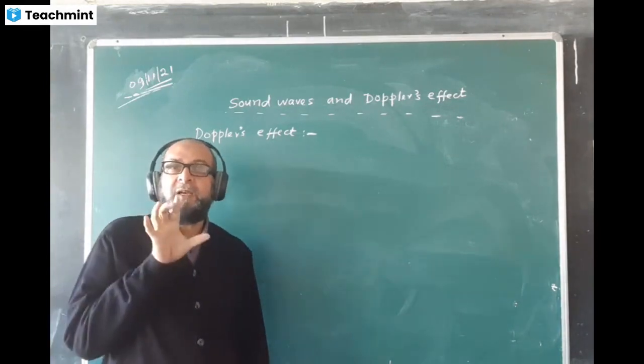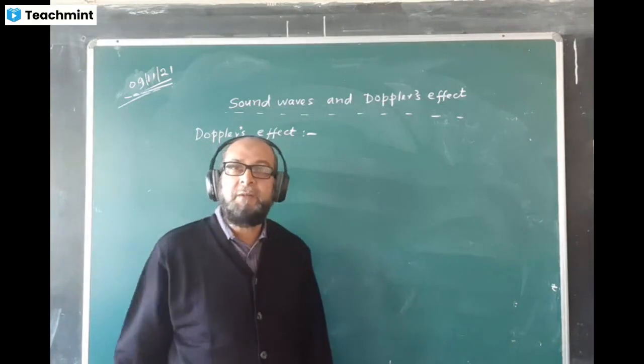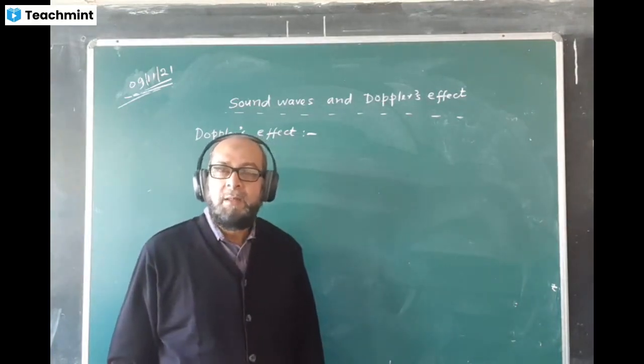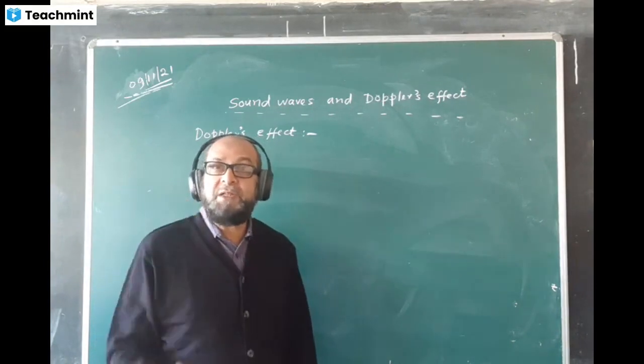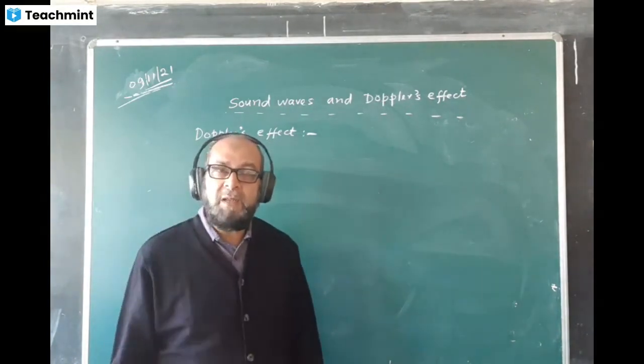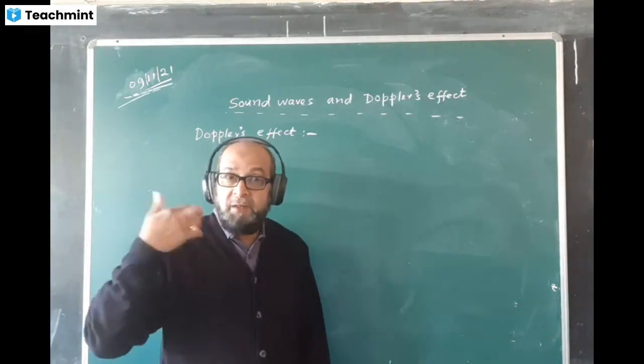If the source is here and the person comes closer, then the sharpness of the sound will keep on increasing. When the person goes away, the sharpness of the sound keeps on decreasing. So there will be a change in the frequency, but not a real one. There is an apparent change. Apparent means which is not real, which the person will feel.